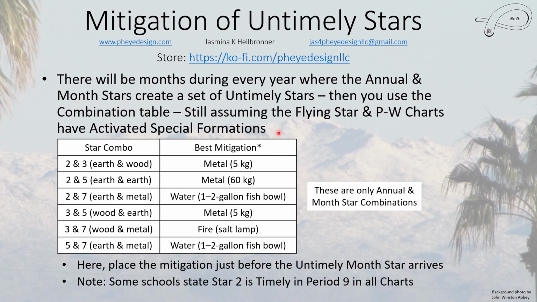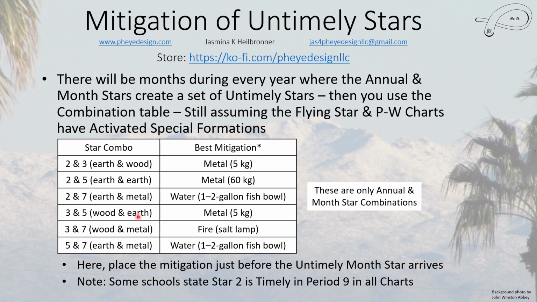And this still assumes that you have the flying star chart and the purple white chart having activated special formations, so that you do not have to worry about those two charts, because that makes it more complicated. And in just a little bit, I will talk about how you deal with three stars that may be untimely.